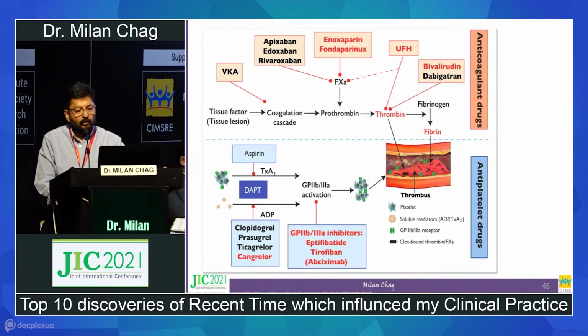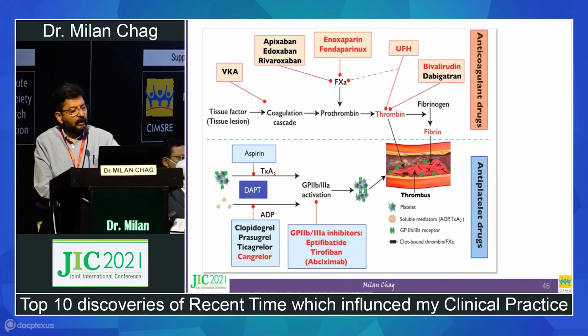And we have direct thrombin inhibitors like heparin itself, unfractionated heparin. Another injectable is bivalirudin, and dabigatran is a direct oral thrombin inhibitor. And we have antiplatelet drugs also. These are clopidogrel, prasugrel, and ticagrelor, and the injectable is cangrelor, and we have GP2B3A antagonists in injectable form.